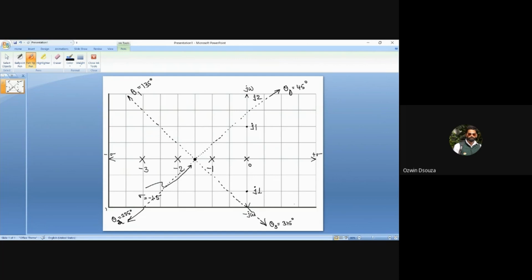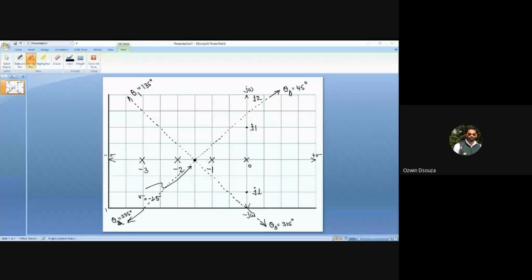As you can see, the asymptotes are symmetrically placed. So that's about your asymptotes.